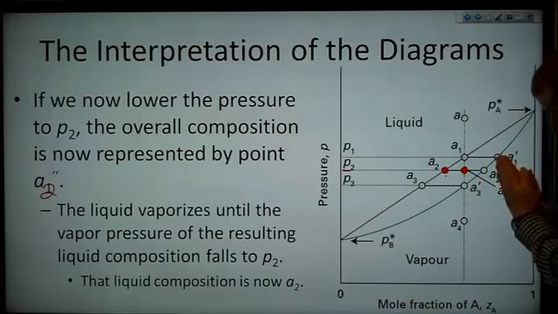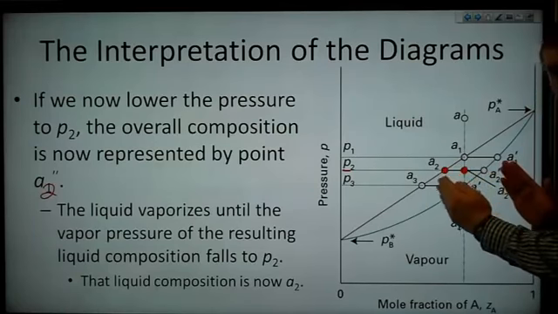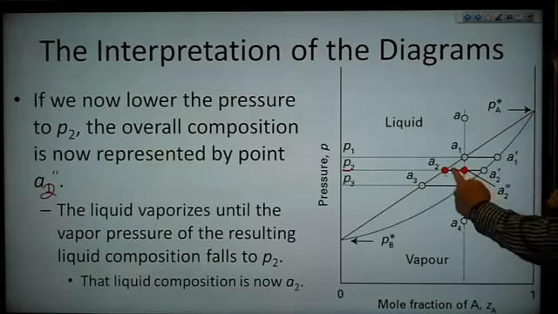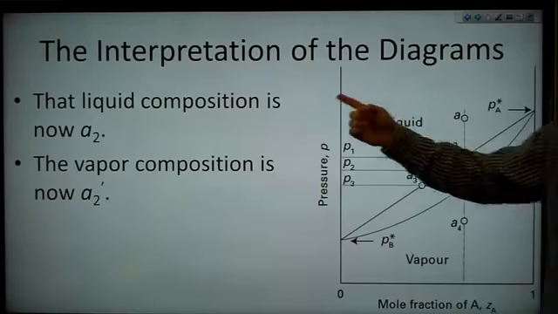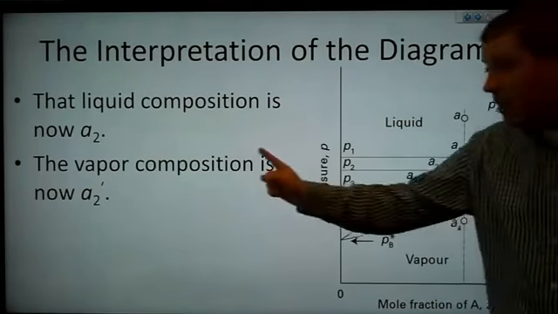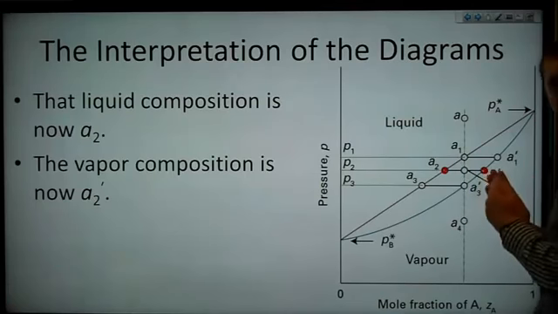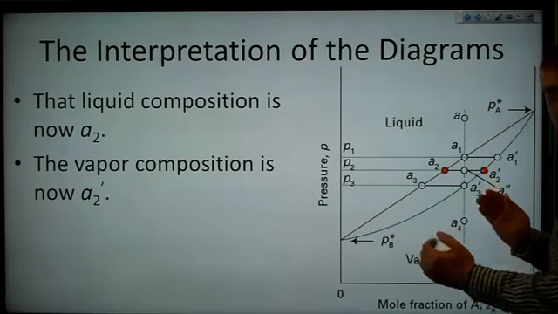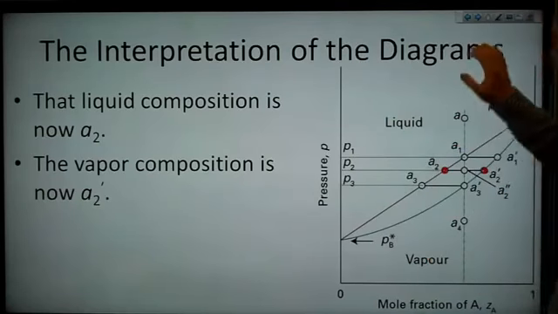So we've now enriched our liquid in B. We've removed some of the A from it, but that means that we've also enriched our vapor phase in A. So the liquid composition is now A2, that's this point, and the vapor composition is now A2 prime, so this point. So our liquid is getting enriched in B, the less volatile component, and the vapor phase is getting enriched in A, the more volatile component.